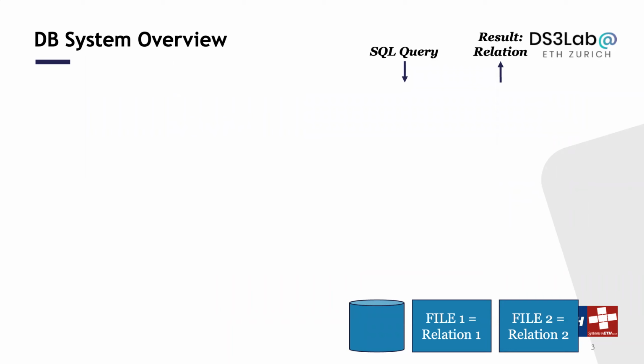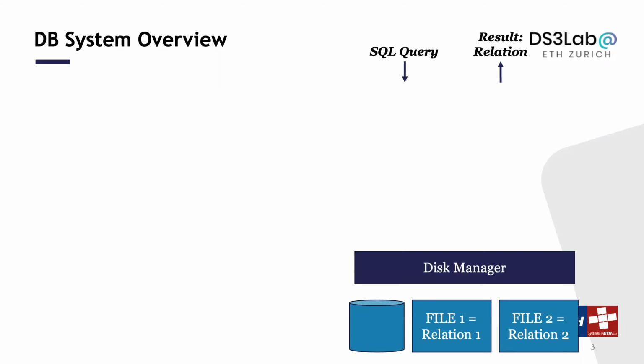At the bottom, you have a whole bunch of files stored on your hard drive, and each file corresponds to some relations, maybe multiple files correspond to one relation. But the bottom line is relations are stored as files on your hard drive.